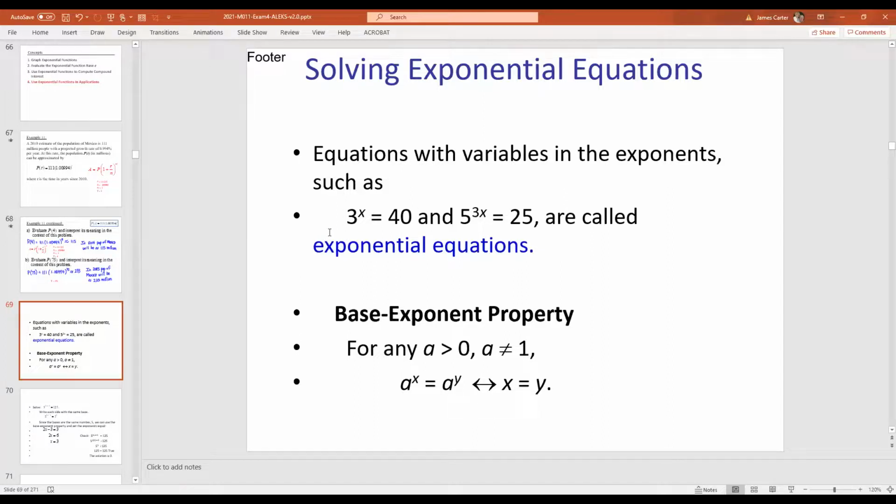The point is that we have a variable in the power. Those are called exponential equations. For this, we've got a property that says if a to the x equals a to the y, since you've got the same base, then x and y have to be the same.